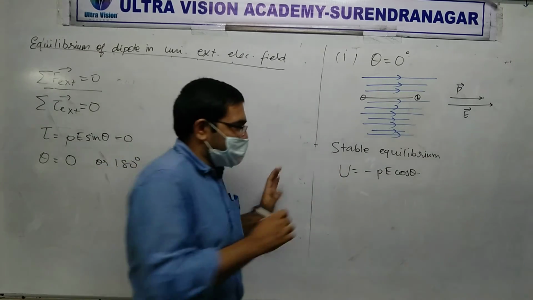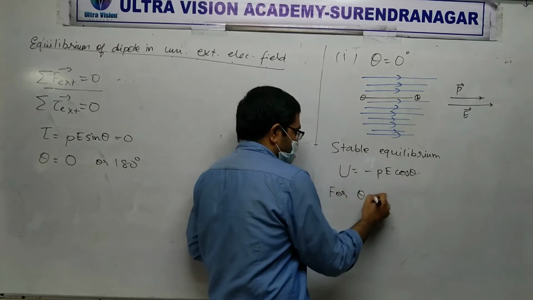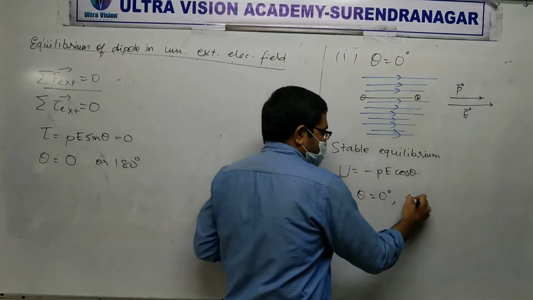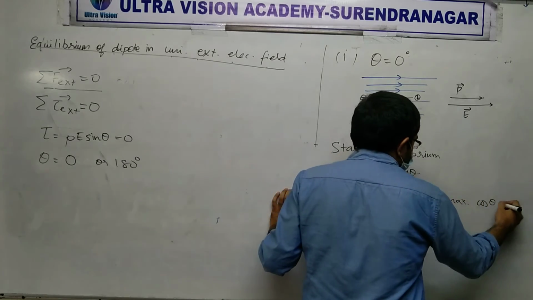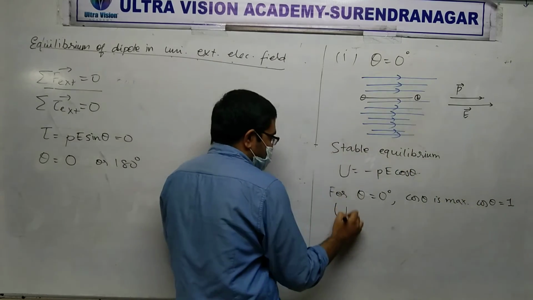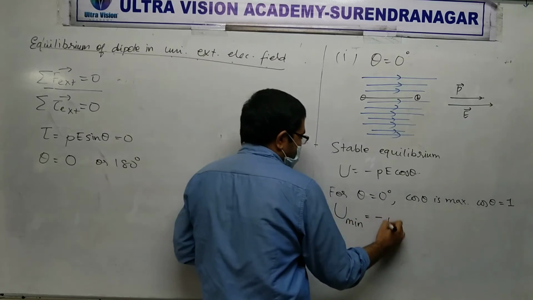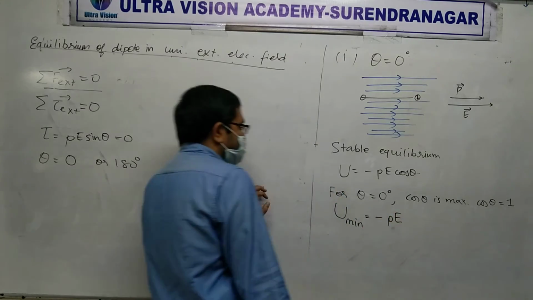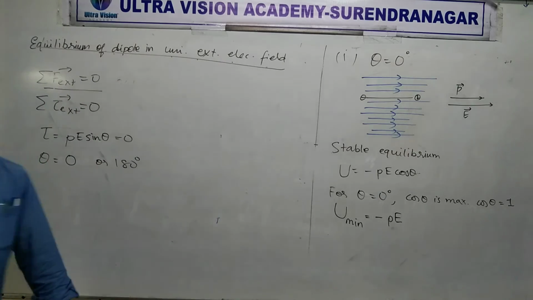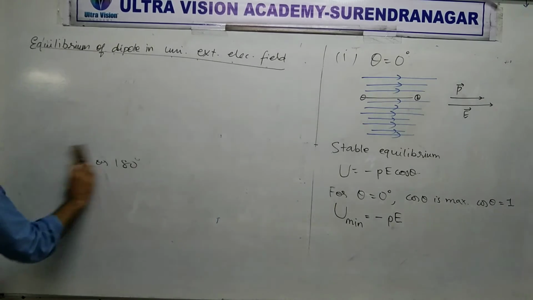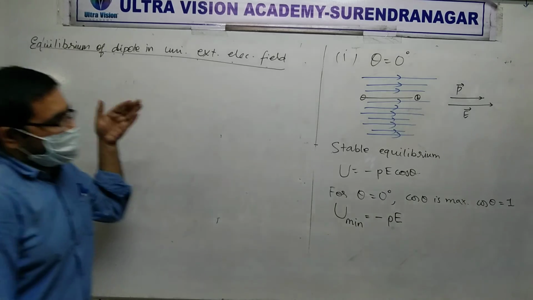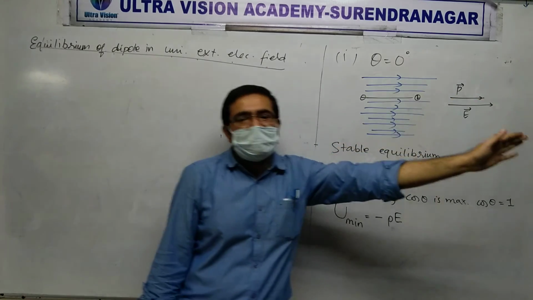For theta equal to 0 degrees, cos theta is maximum, that is cos theta equal to 1, and potential energy is minimum, that is minus PE. Did you understand? So which point is stable equilibrium? Theta equal to 0, that is, dipole moment and electric field are in the same direction.